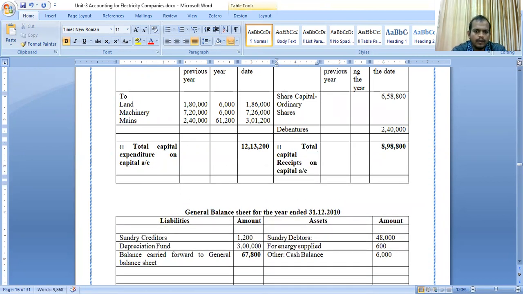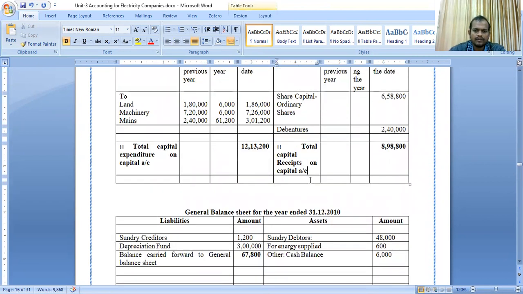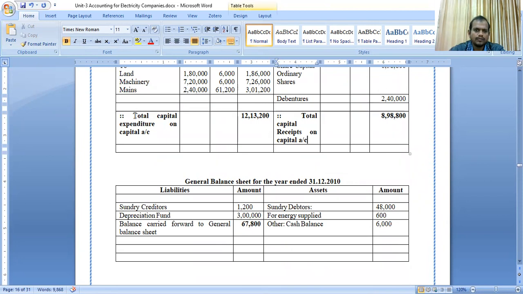So total capital expenditure and total capital receipts. We can transfer the difference amount to general balance sheet, or we can mention it separately in the general balance sheet. So we'll just mention separately in the general balance sheet.